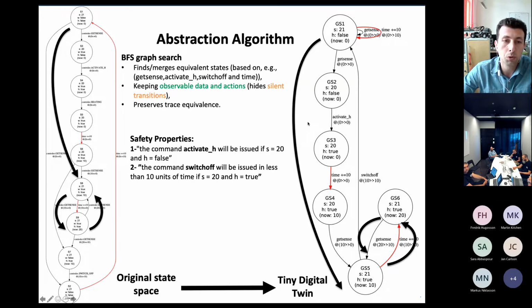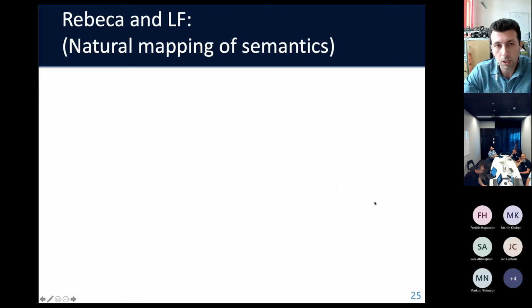This way helps us keep those properties that are validated or verified in the original state space, and they are also preserved in the abstract version.